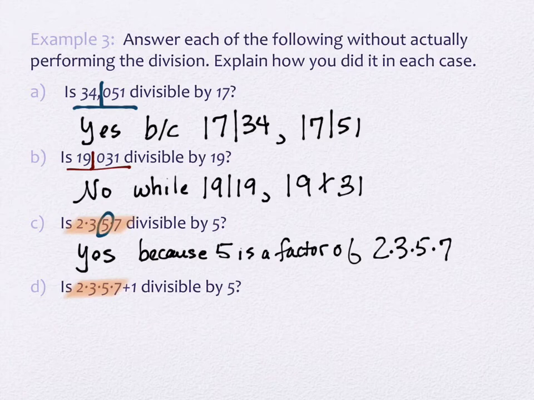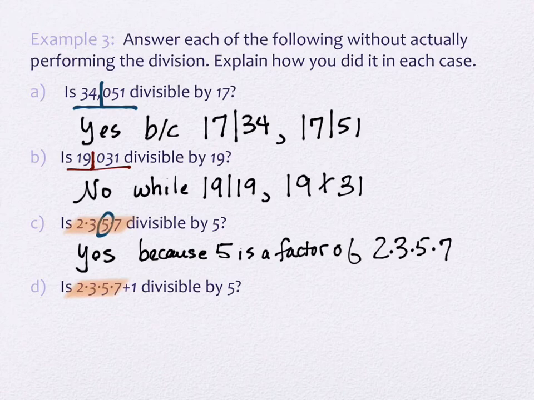Is there a number I could add to the end of this that would be okay? 10, 5. 10 would work, 5 would work, 15 would work. In fact, any multiple of 5 would be okay at the end because it would still make my number end in a 0 or a 5, which is the goal in order for a number to be divisible by 5.